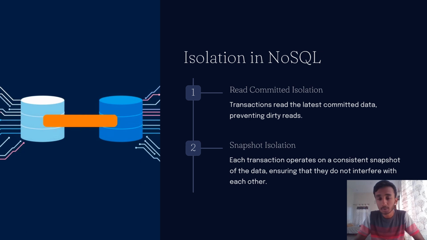This means the data fetching or data updating operations read the latest committed data, preventing dirty reads. In snapshot isolation, each transaction operates on a consistent snapshot of the data, ensuring that they do not interfere with each other.